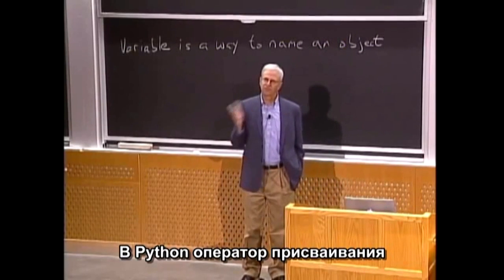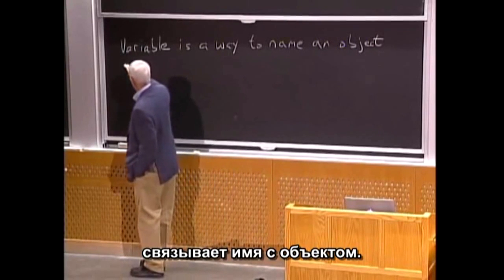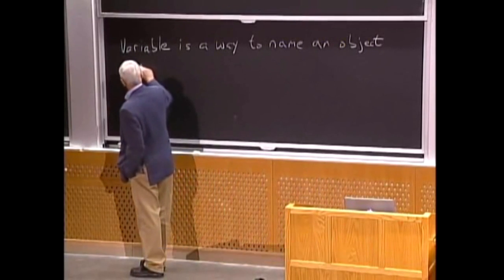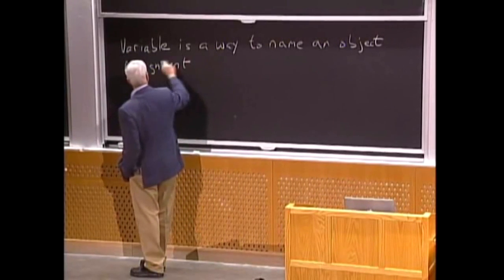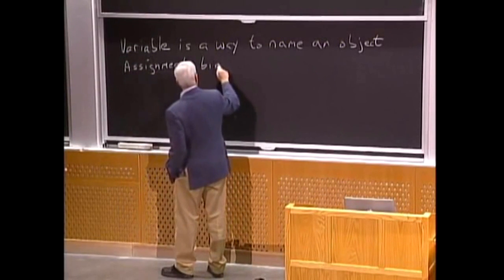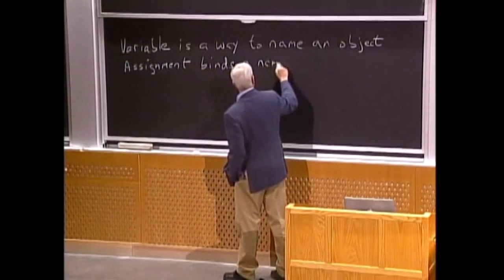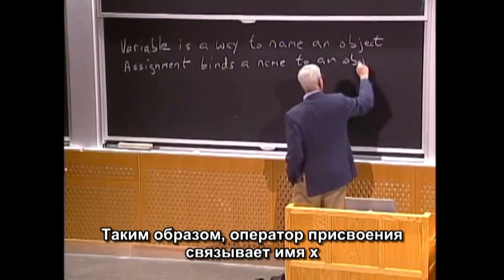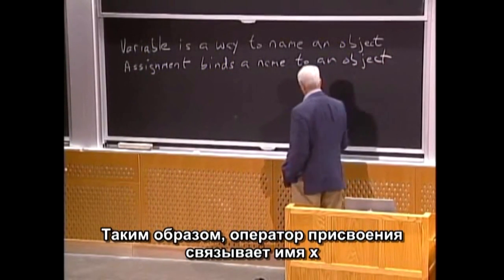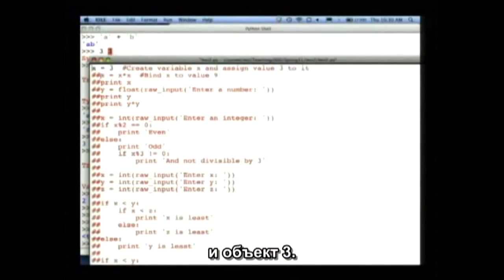And what an assignment statement does in Python is it binds a name to an object. So the assignment statement you see here binds the name x to the object 3.